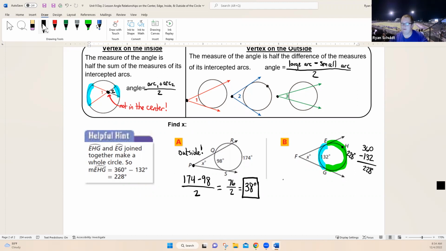Same process though. 228 minus 132 divided by 2, because our angle here is outside. Anytime your angle is outside, you subtract.